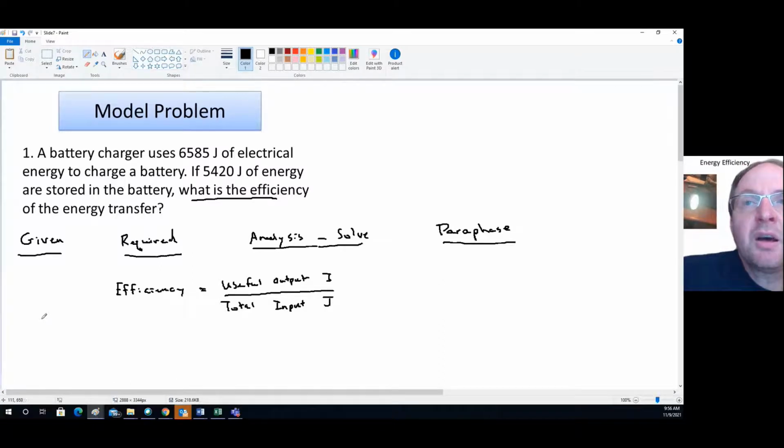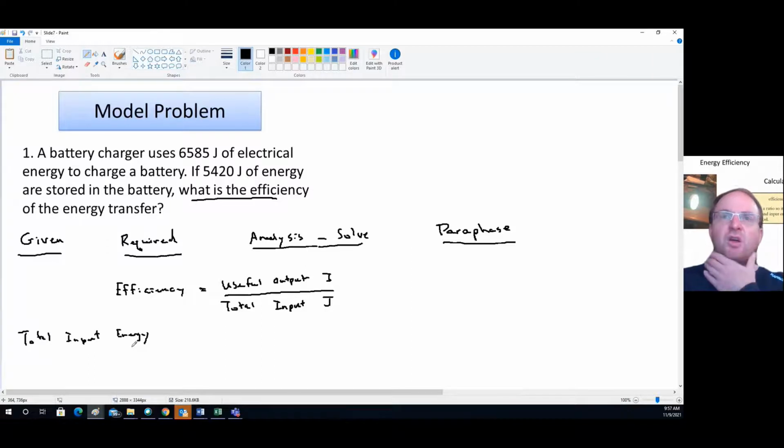Now, what are we given? A battery charger uses 6,585 joules of electrical energy to charge a battery. That's the total input right there, total input energy. Now at this point, you might want to pause it and just go ahead and solve it.